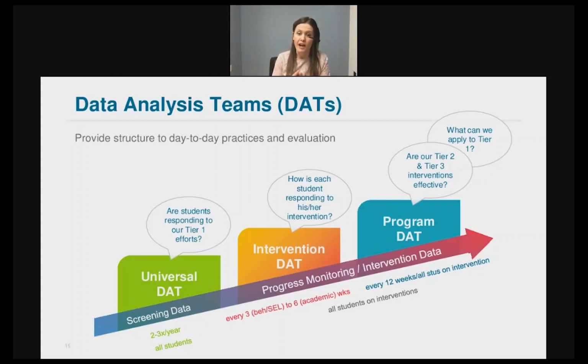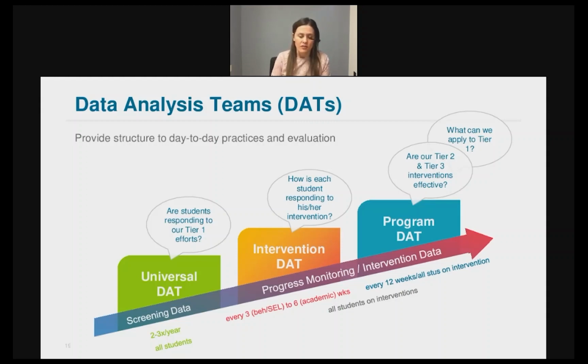From there, we put those interventions into place. It's best practice for us then to create a different set of people who have a different reason for analyzing data. That team is called an intervention data analysis team. That group of people are looking at progress monitoring data that we have on our students, and it can be for both students' social, emotional, behavioral needs, as well as the academic instructional needs that they might have.